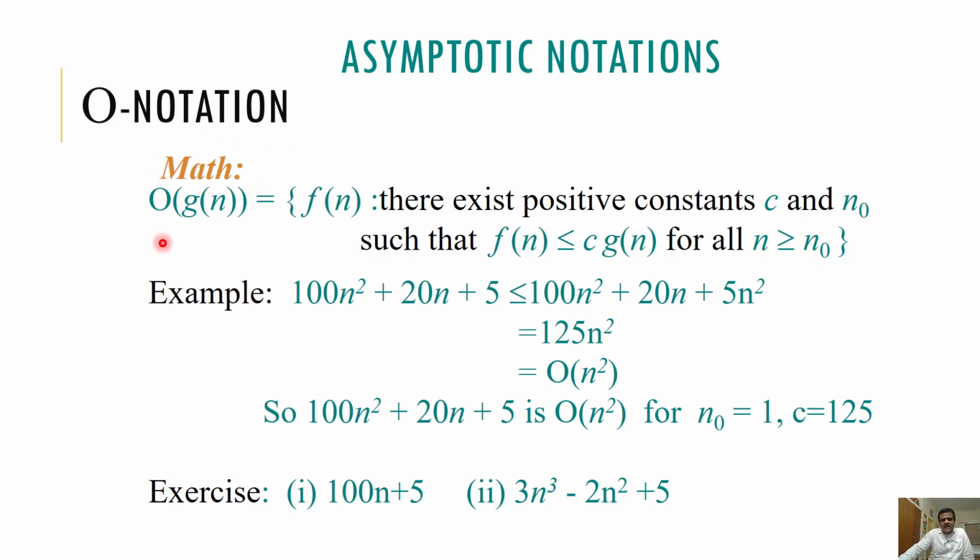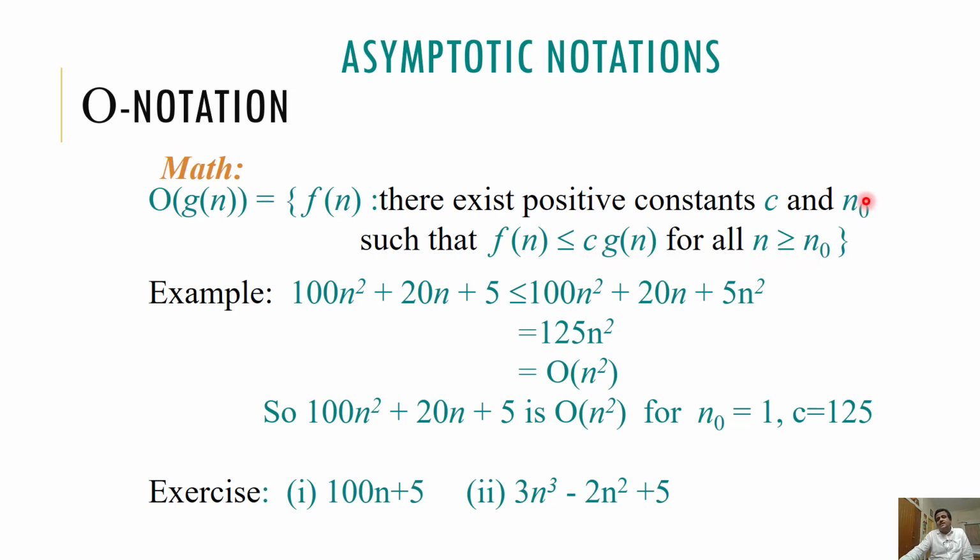So, there is a little maths here. This is the definition of Big O notation. What do we mean by O(g(n))? It is the set of all functions f(n) such that f(n) is bounded by g(n) with a constant factor. This constant is a positive constant when n is large.